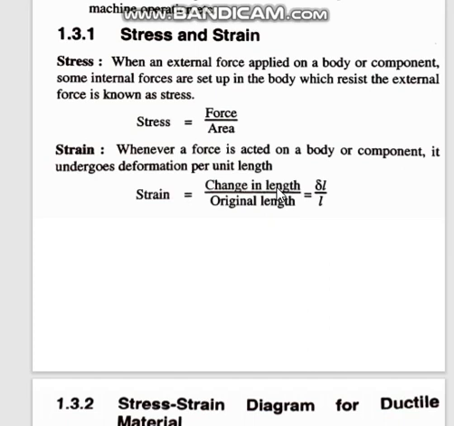If it is tensile, it will be a positive change. If it is compression, it will be a negative change, upon the original length. So this is delta L upon L. Delta L is given in meters, L is also given in meters, so strain has no unit. Stress has Newton per meter square. Okay, so this is how we define stress and strain.